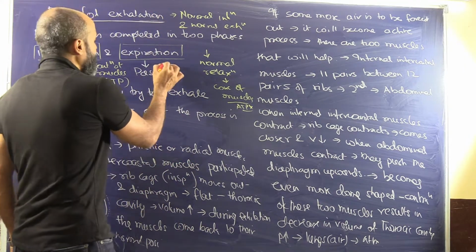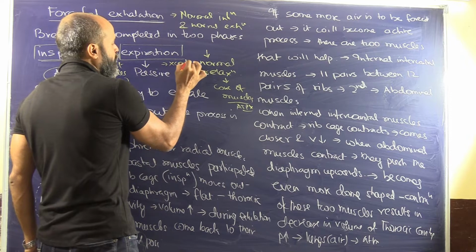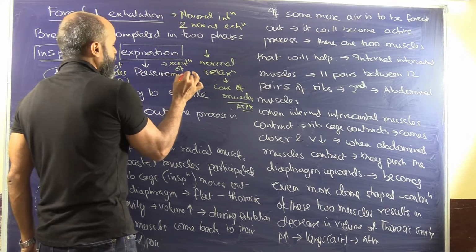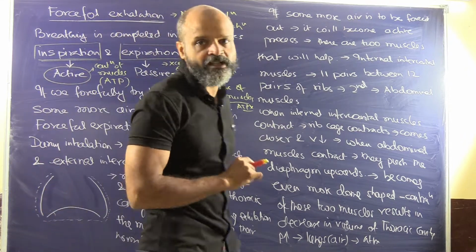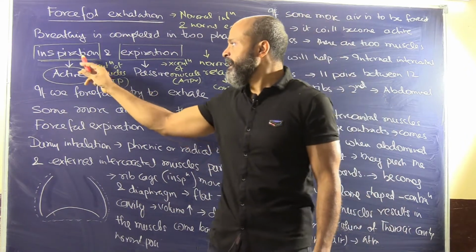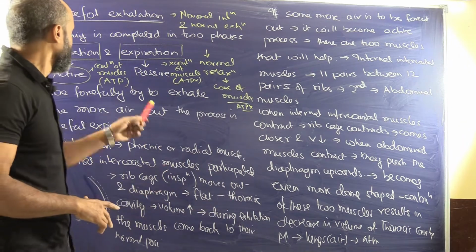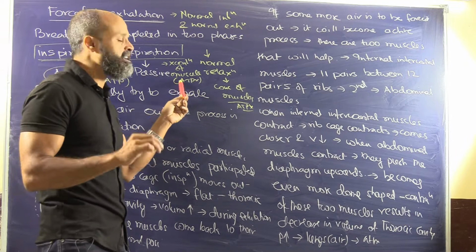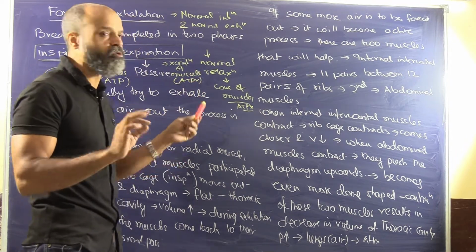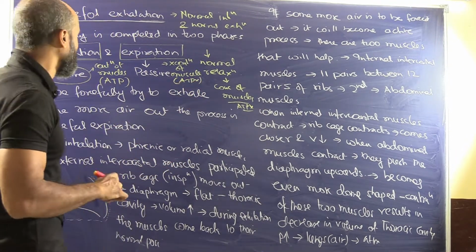We don't require any contraction of muscles, and hence we don't require ATP as well. Inspiration is an active process wherein muscles contract and ATP is required. Expiration is a passive process wherein muscles do not contract and ATP is not required.